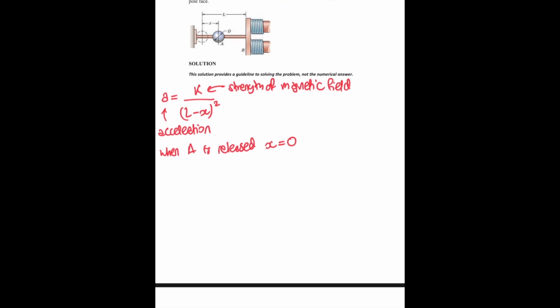Now this acceleration is only when the ball A is released from rest at x equals 0. Basically, we want to find out what the velocity is at B.